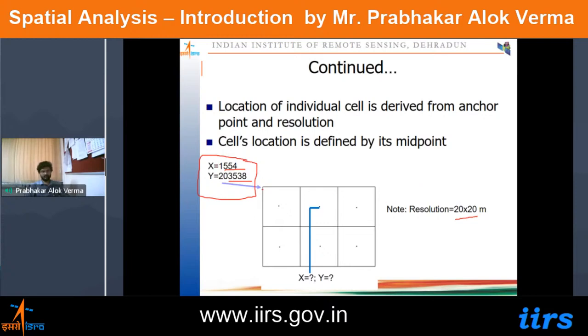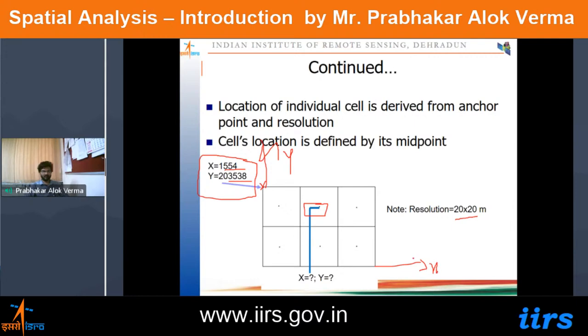For example, here the coordinates of this anchor point are 1554, that is longitude, and 203538, that is latitude. So if we have to find out the coordinate of this pixel center, how will you find out? So here this is the y-axis and this is the x-axis.